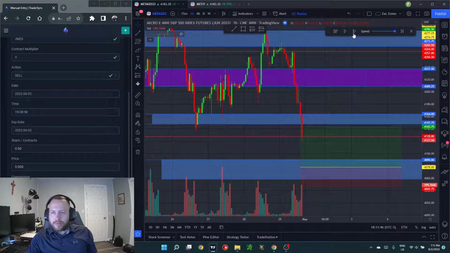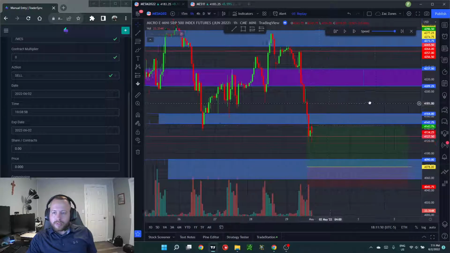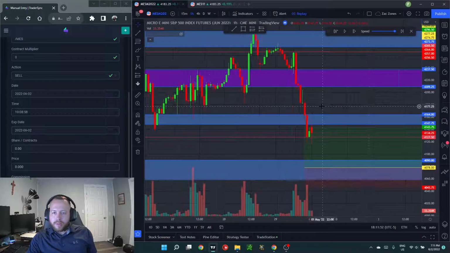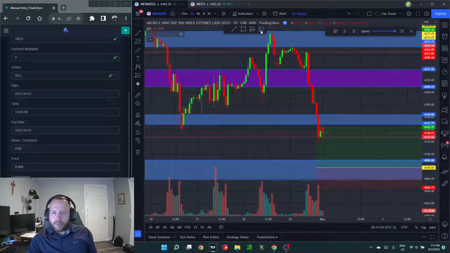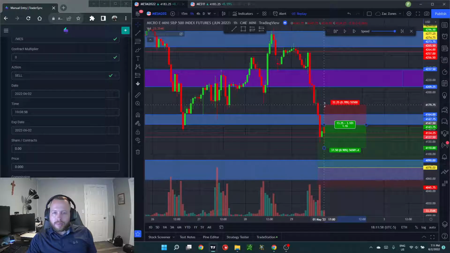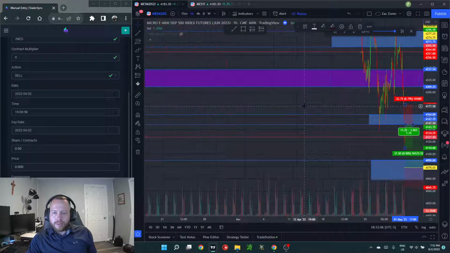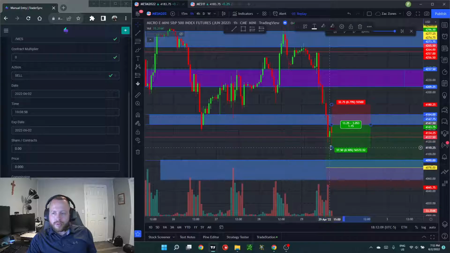So let's see what happens. Yeah, there's a retest of a type 1. So that would have gotten me in on the type 1, with a stop probably right above here. Right? Maybe? Yeah, we haven't really had the opportunity to short this zone before.